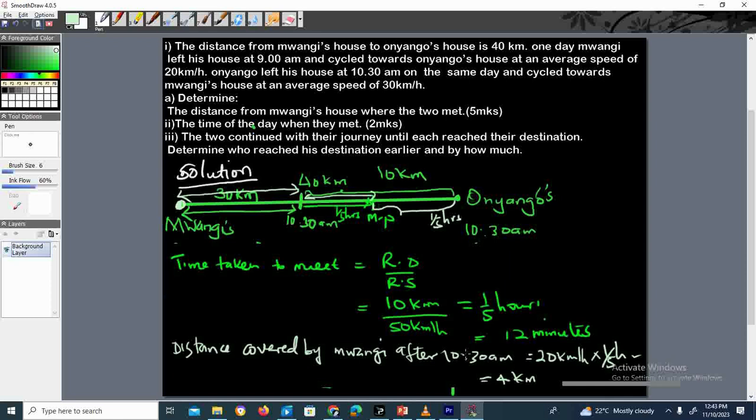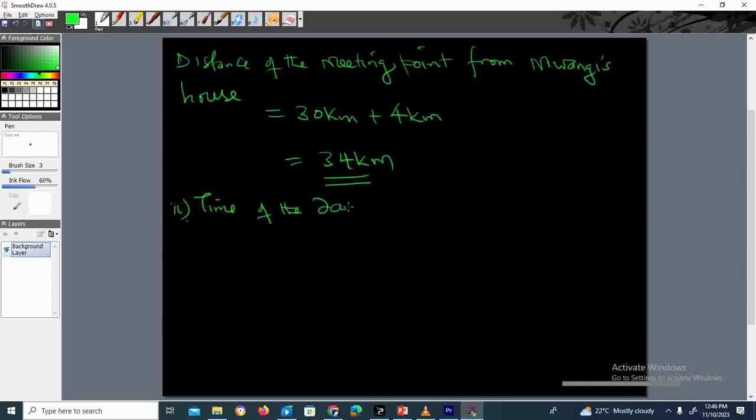So now to get the distance of the meeting point from Mwangi's house, we take the 30 kilometers he covered between 9 and 10:30 plus these other 4 kilometers he covered to the meeting point after 10:30. Now the time of the day that they met.